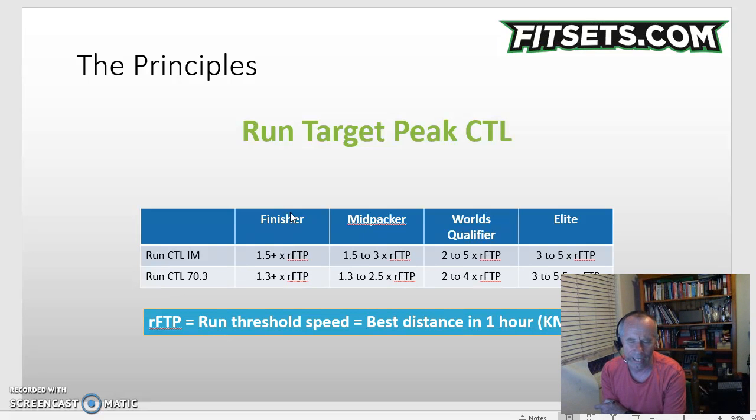So generally, if you do 3 sessions of an hour a week, it's going to end up around 20. So 117 plus 20 gives me basically 137 target CTL, which I can use in Training Peaks as my target.